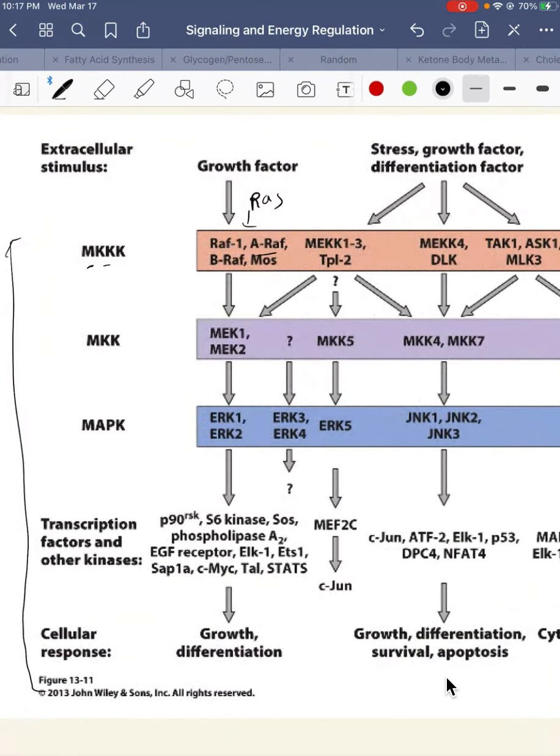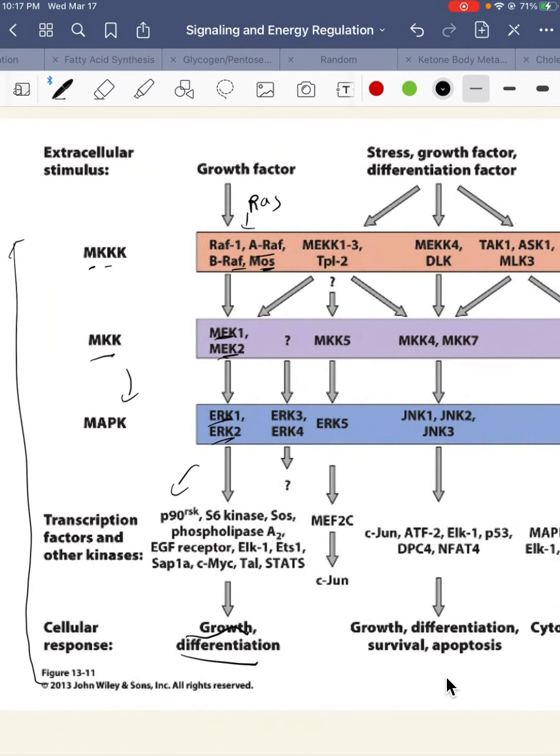You can also activate other types of RAF, and then you have MOS. Those can activate a type of MAP kinase kinase, of which MEK1 and MEK2 are examples, and then that can activate MAP kinase. An example of MAP kinase would be ERK1 and ERK2, and then ERK1 and ERK2 can activate transcription factors which eventually induce growth and differentiation.